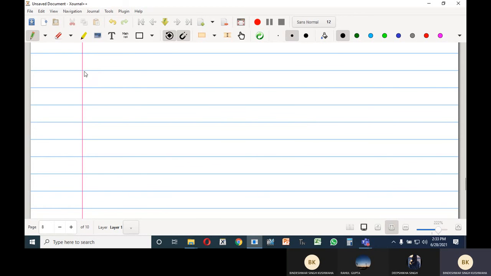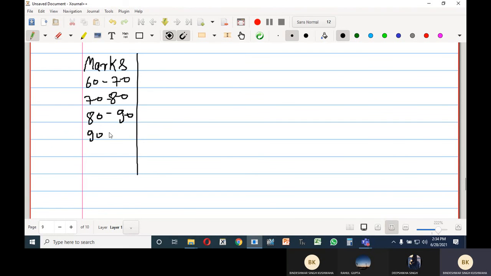So suppose you have data in the form of intervals. For example, you have data 60 to 70, 70 to 80, thereafter 80 to 90, thereafter 90 to 100. Marks, and thereafter students. I am writing frequency, or students, and you will put fi.